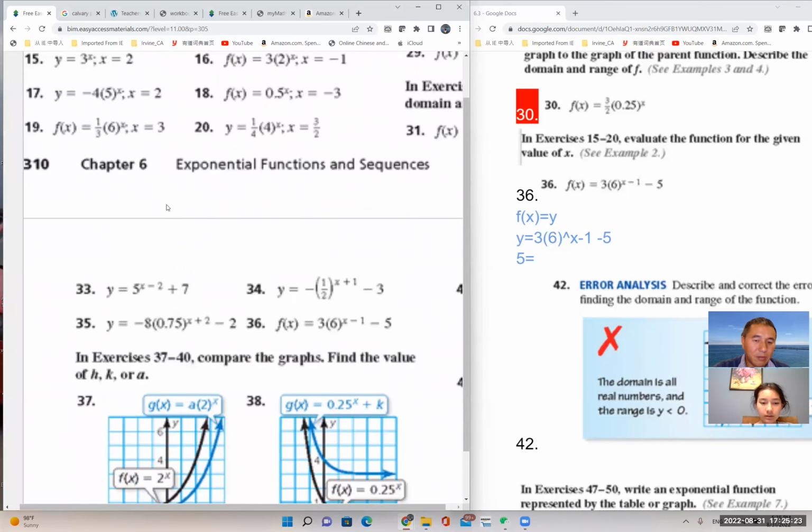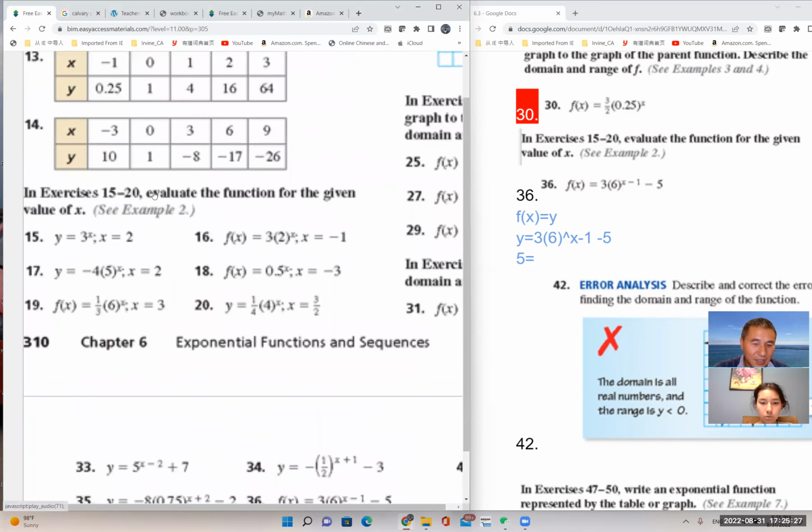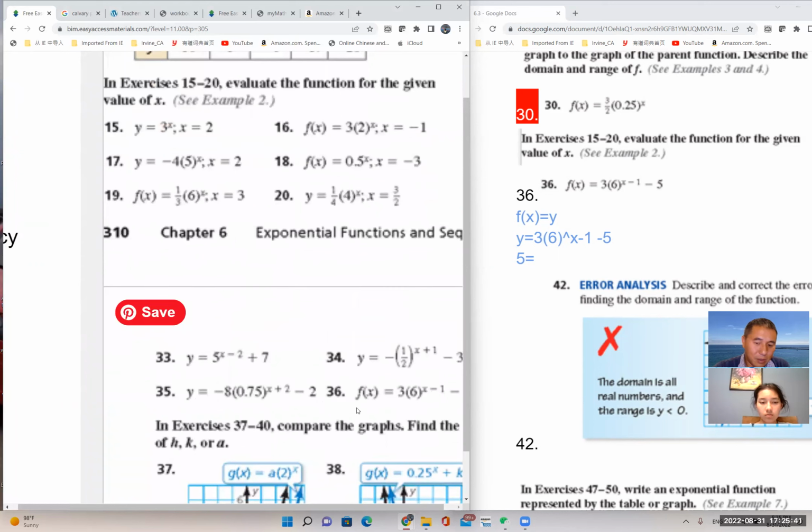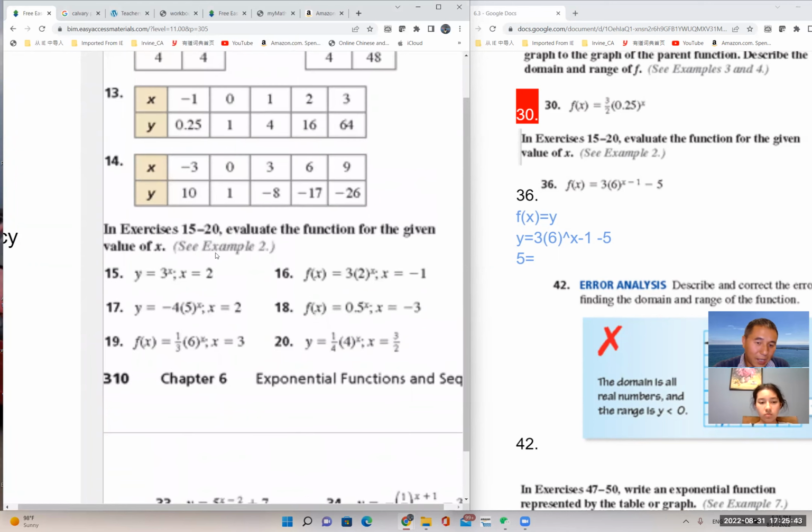Maybe you go this way. For example, here is 36. You go here. Oh, the requirement is here, but here it mentions exercises 15 to 20. Even if you see this, you should doubt it. This is problem 36. Why does it just say requirements for 15 and 20?